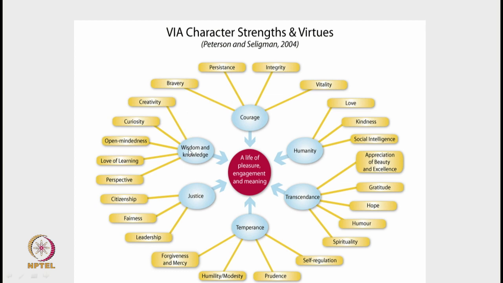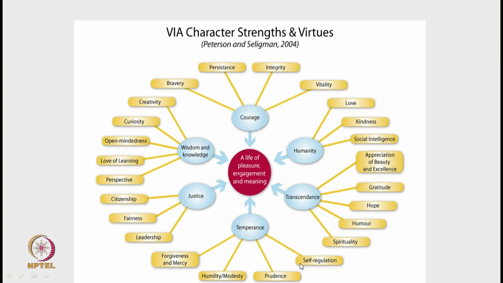For example, under wisdom and knowledge, these are creativity, curiosity, open-mindedness, love of learning, perspective. For justice, it is citizenship, fairness, leadership. For temperance, forgiveness and mercy, humility, modesty, prudence and self-regulation.